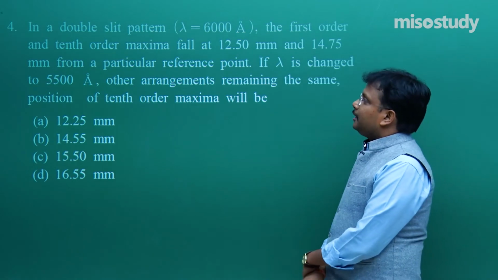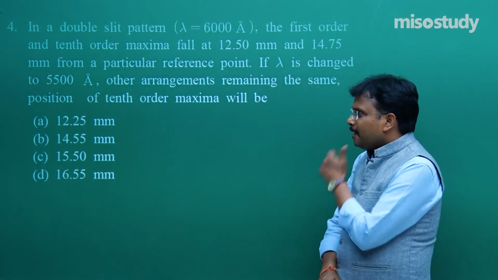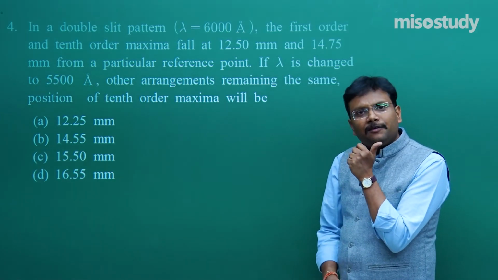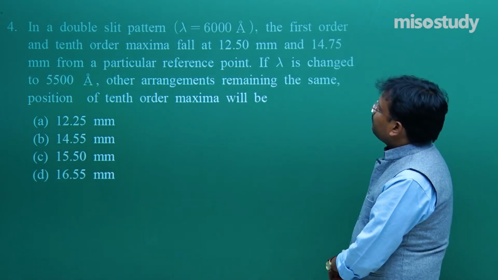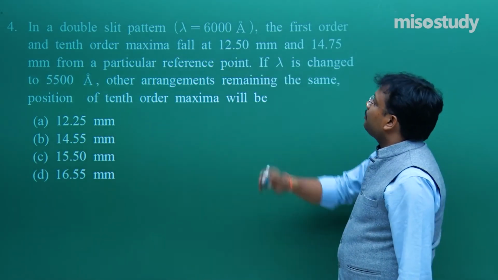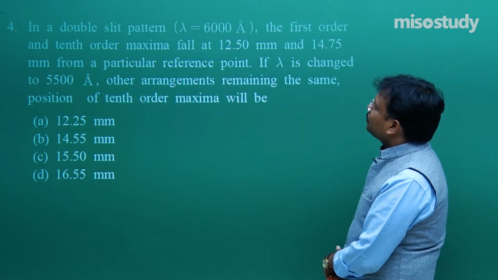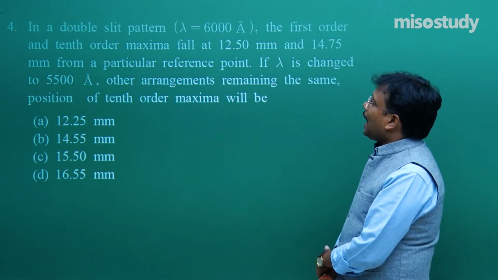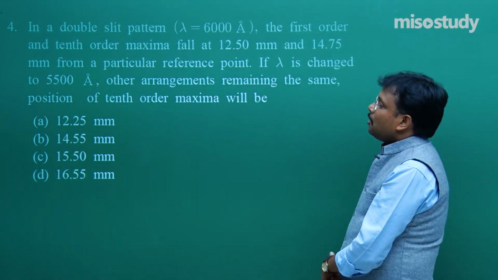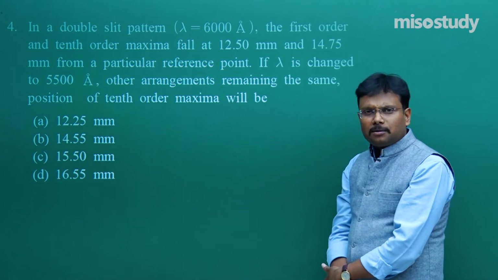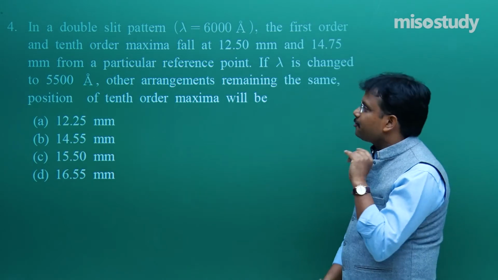In a double slit pattern, somewhere the idea should come in your mind, is it associated with interference pattern? Wait, let us analyze more. In a double slit pattern, when wavelength is this much, it is yellow color type of thing, the first order and 10th order maxima fall at 12.50 mm and this value, from a particular reference point. So now up to some extent things are clear, somewhere we are trying to find out interference pattern.